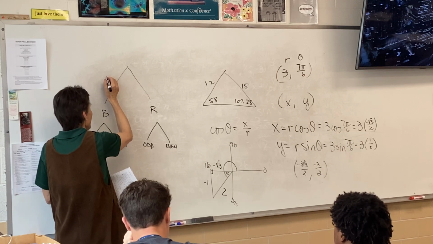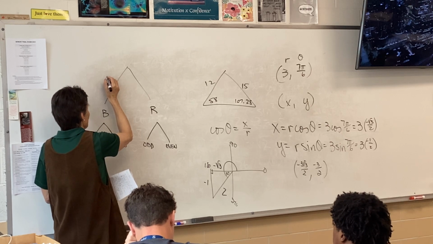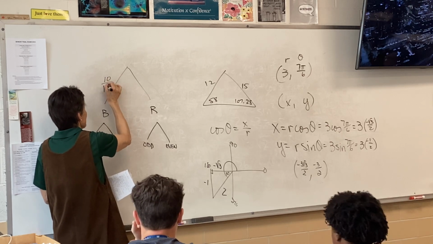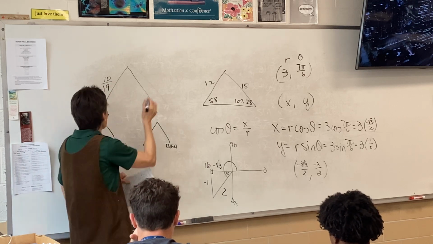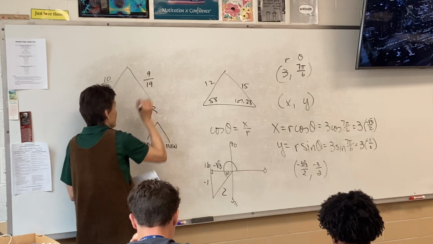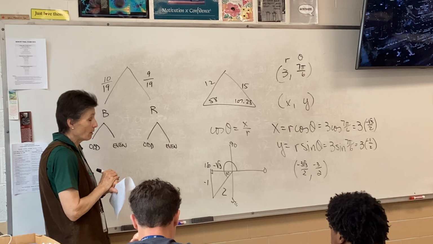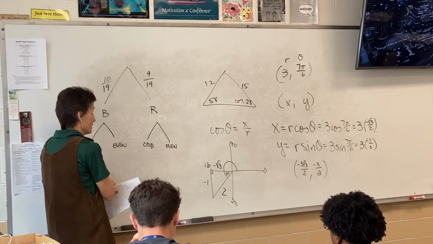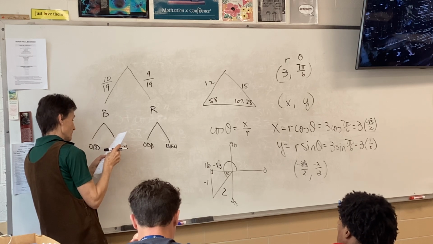How many cards are in the box? No. 19. How many are blue? So 10/19 probability of getting a blue one, and then 9/19 of getting a red one. Correct? Now, it has to be even or odd. All right. So if it's blue, what's my probability? Let's see.